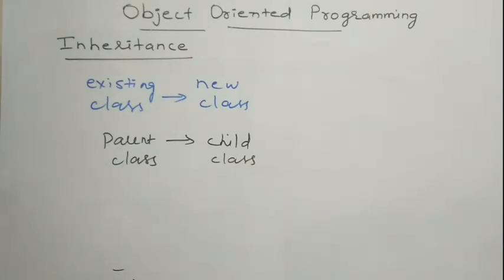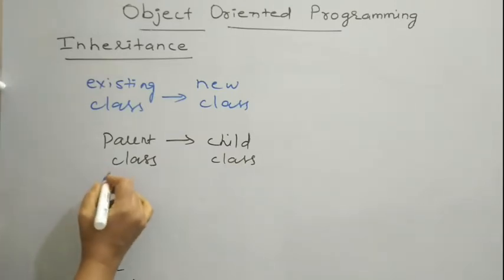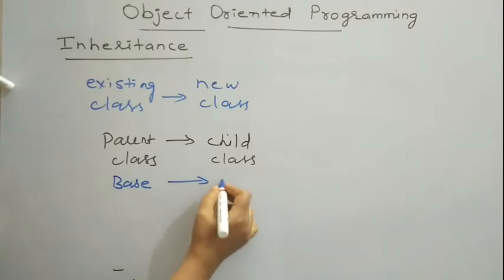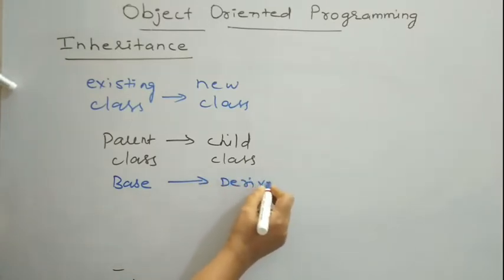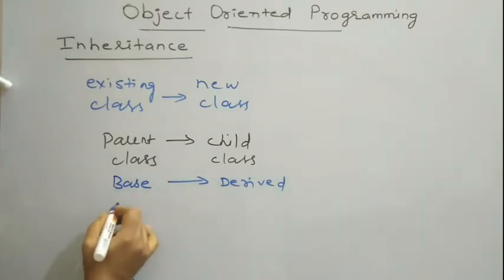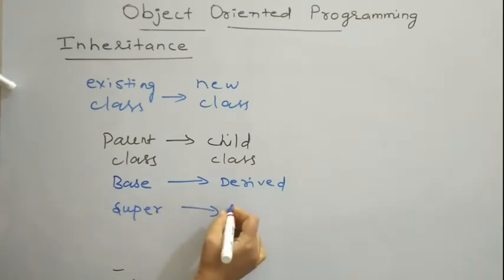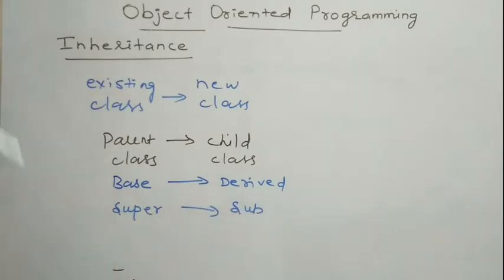The parent class can otherwise be called the base class, and the child class is the derived class. The base class can also be called the super class, and the child class is the subclass.